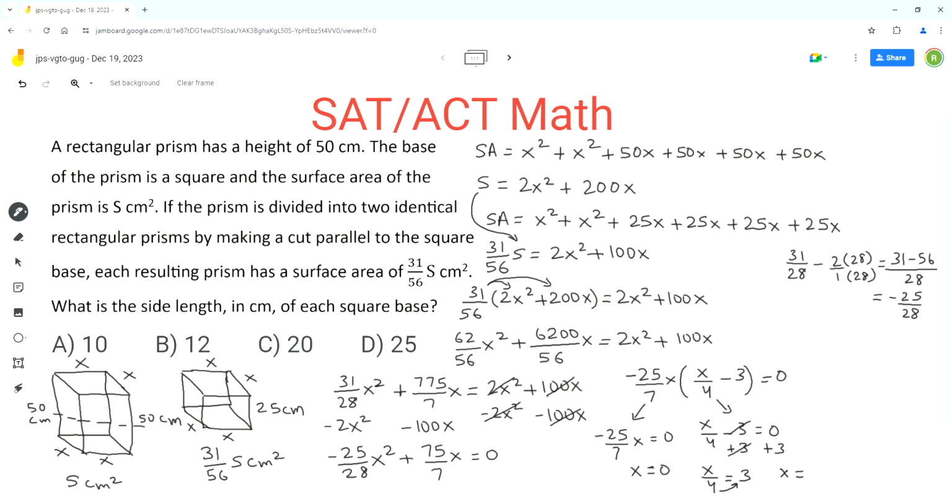I get x equals 12. So we get two solutions, 0 and 12. Now x cannot be equal to 0 because x is the side length of the square base. So that's an invalid answer. So the valid answer is x equals 12 and the unit is centimeters.